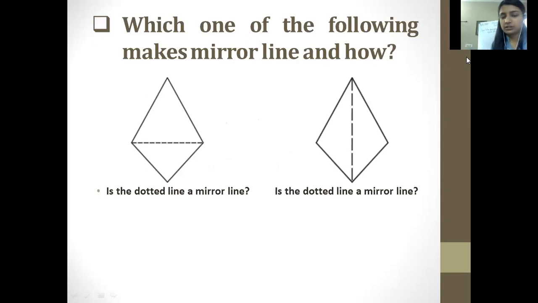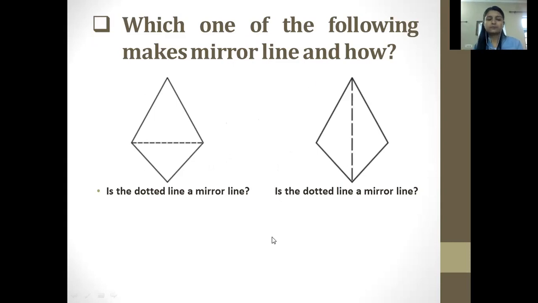Yes, so you would be solving this now. Which one of the following makes a mirror line and how? What do you think? In the first, you can see the dotted line is a mirror line.